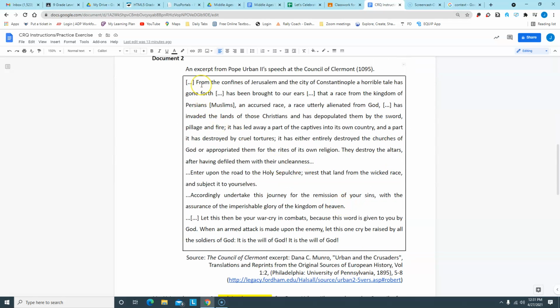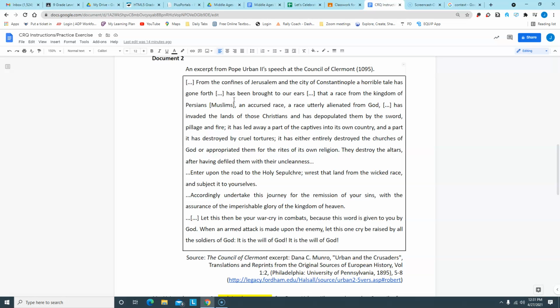All right, reading this. From the confines of Jerusalem and the city of Constantinople, a horrible tale has gone forth, has been brought to our ears, that a race from the kingdom of Persians, Muslims, an accursed race, a race utterly alienated from God, has invaded the lands of those Christians and has depopulated them by the sword, pillage and fire.